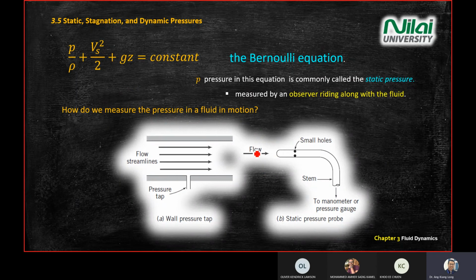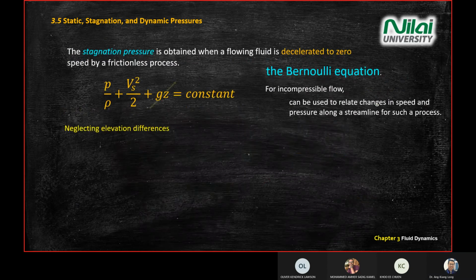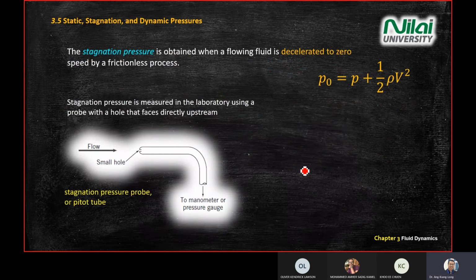If you open a hole in front here and measure the pressure from this hole, you will get stagnation pressure, P0, because you measure directly from the flow. If you measure from this side hole, then it becomes static pressure. Clear? All of you clear?